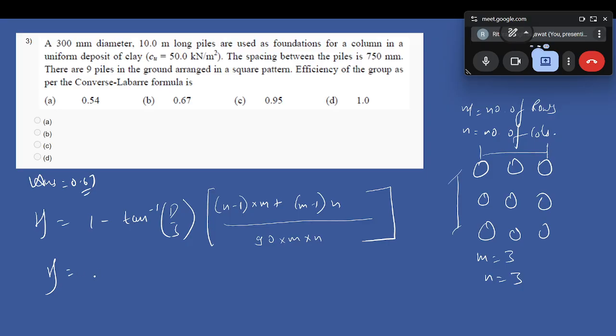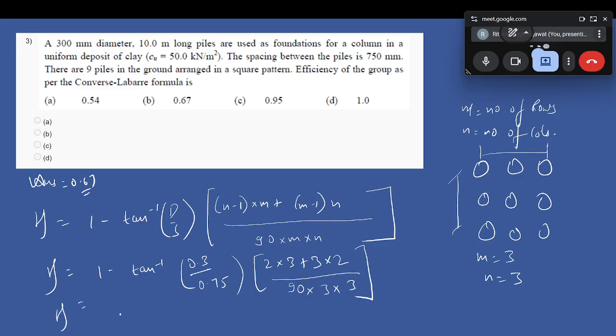So if I calculate the efficiency, it is 1 minus tan inverse d by s. d is 0.3, divided by spacing 0.75. In degrees, theta is 21.48.